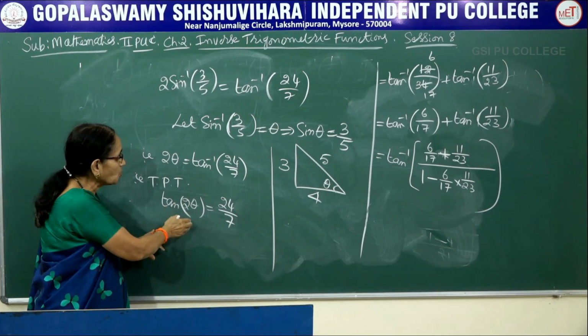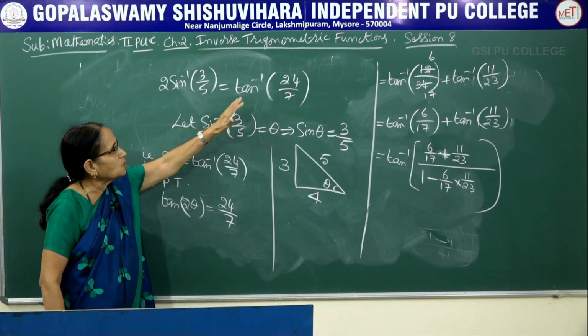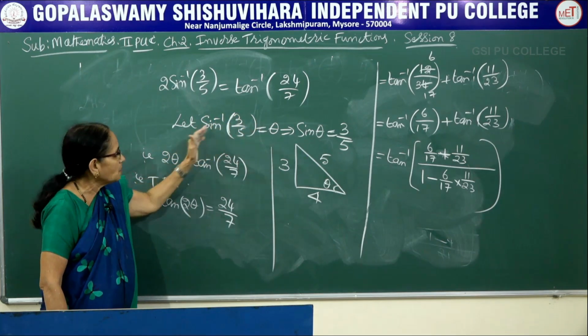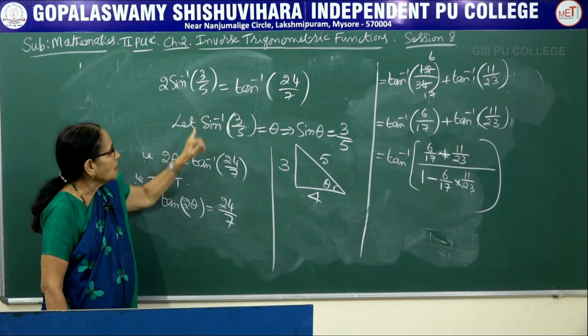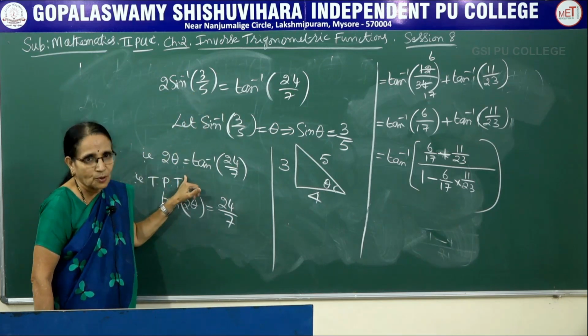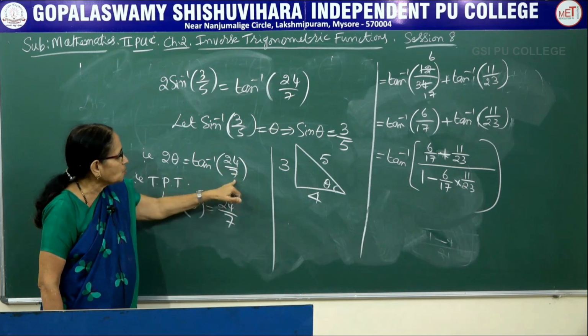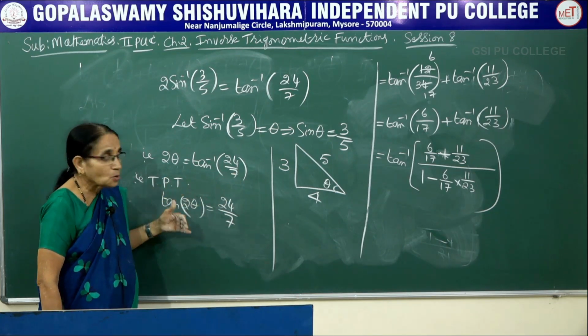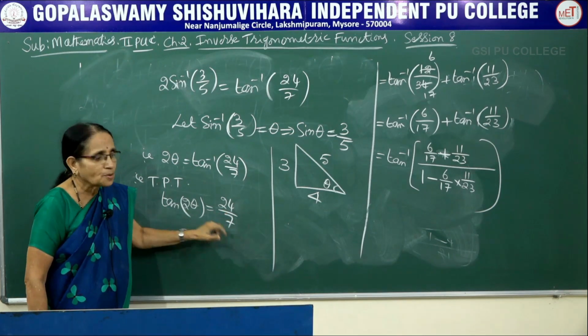It is as good as proving the result 2 sin inverse 3 by 5 equal to tan inverse of 24 by 7. I have rewritten it in another way by making an assumption and rewriting the given function: 2 theta equal to tan inverse 24 by 7 is as good as proving tan of 2 theta is equal to 24 by 7.